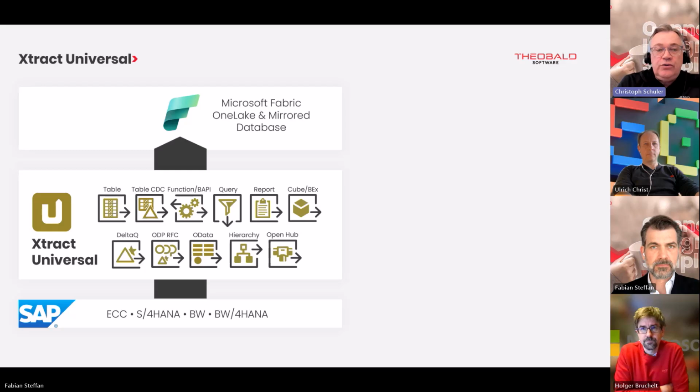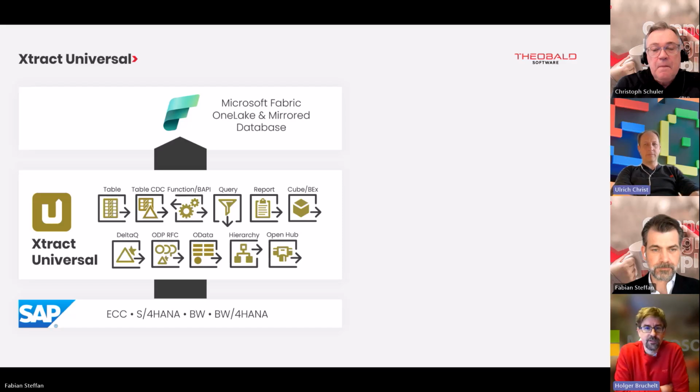So with these 2 technologies together, customers can achieve near real-time data replication from their SAP environment, whether that's ECC or S/4HANA. We also work with BW systems, Datasphere or BDC, APO, and others, to achieve this near real-time data replication.